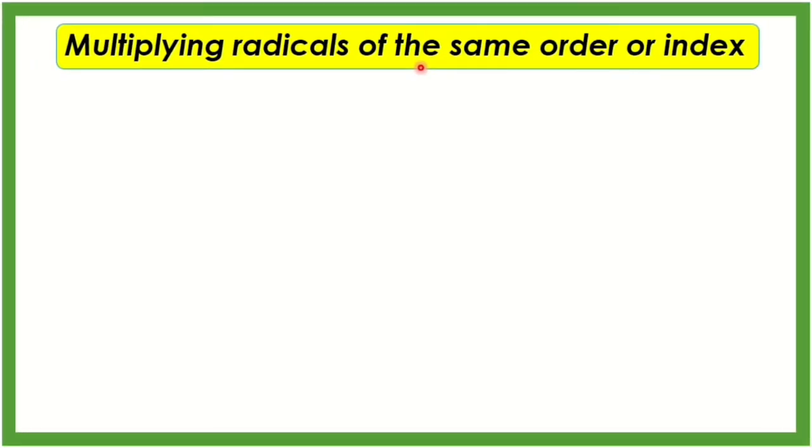Let's have another example in multiplying radicals with the same order or index. 2 square root of x times 5 square root of 6x times square root of 2x. The same ang kanilang order. Ang gagawin natin ay imumultiply natin yung kanilang coefficients and imumultiply din natin yung kanilang radicands.